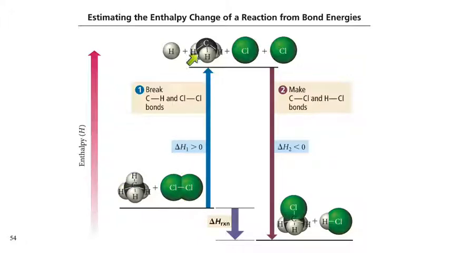So we can figure out how much energy is required putting in to break those bonds. And then when new bonds are formed, we're making a chlorine-carbon bond and a hydrogen-chlorine bond. When those bonds are made, energy is released. In this case, more energy is released than was needed to break the bonds, and so overall the reaction's exothermic.